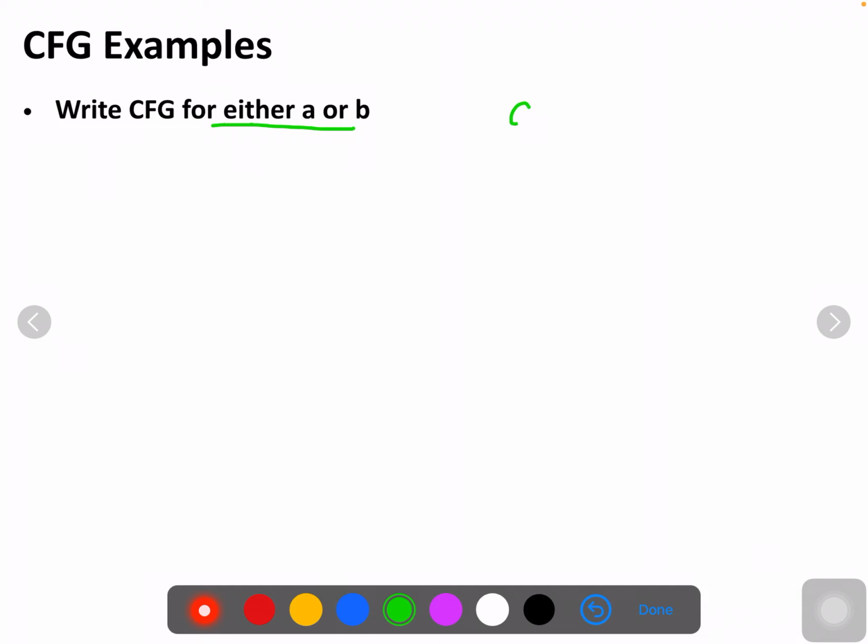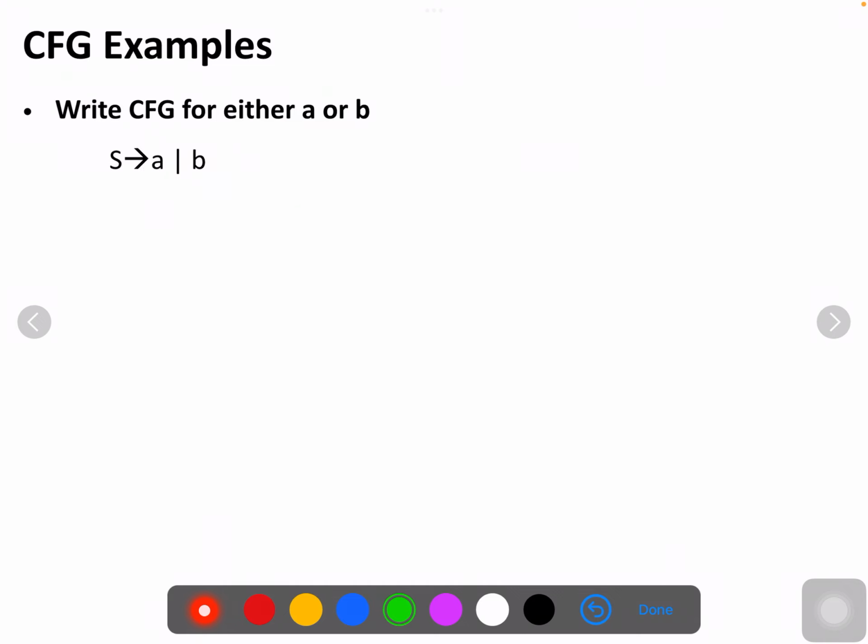One symbol must be there in the context-free grammar, that is the start symbol. S derives, it is a kind of derivation, either A or B. That is the meaning of it.